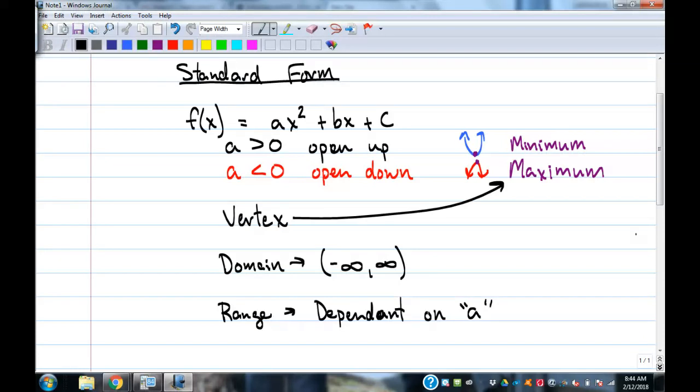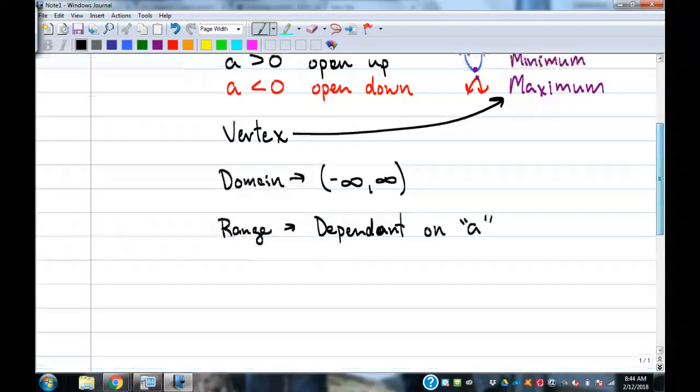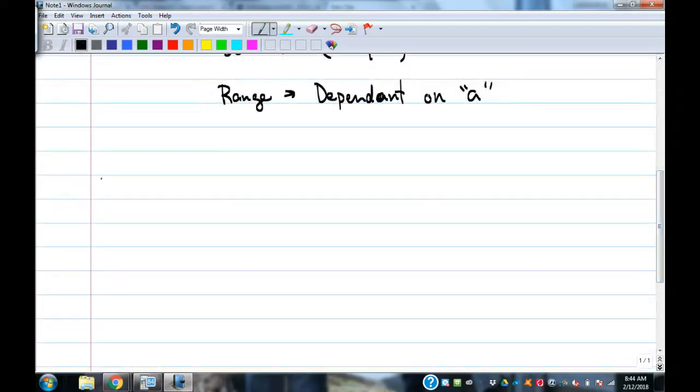Okay, so when we were doing quadratics back in Algebra 1, there's some things we found. One of those things was the axis of symmetry. It was that imaginary line that went right down through the middle of the graph that you could fold and it would match up on each side.